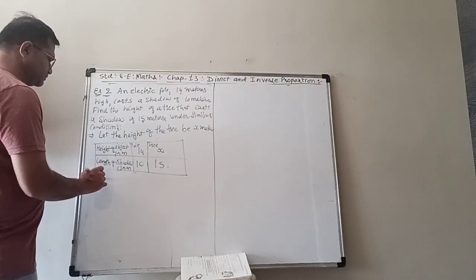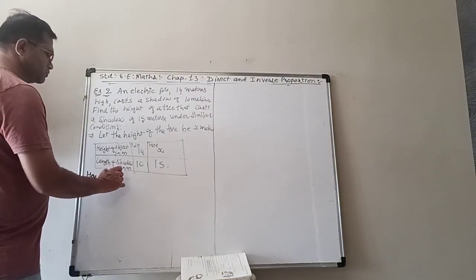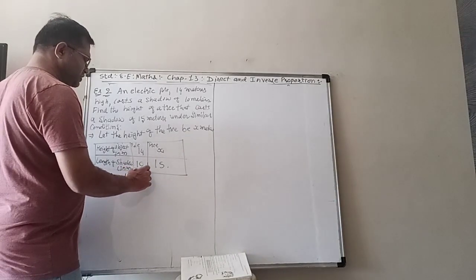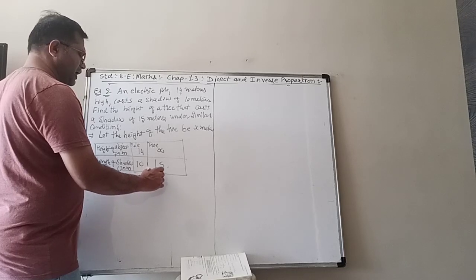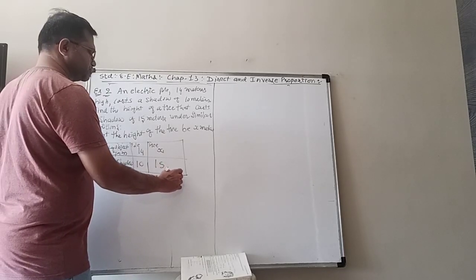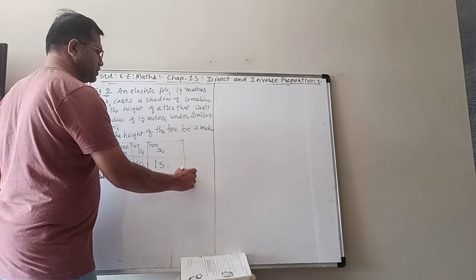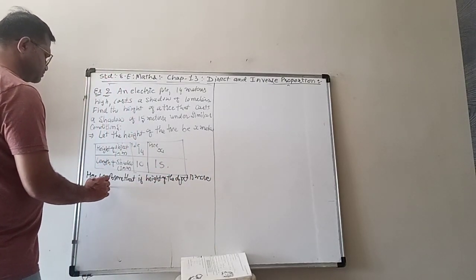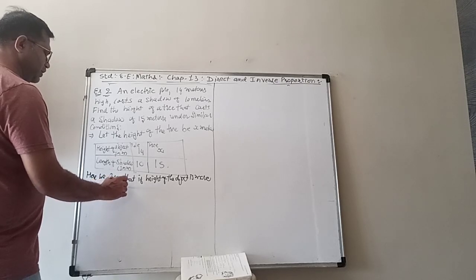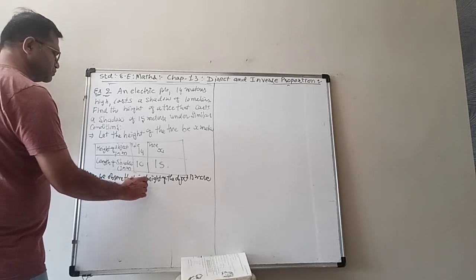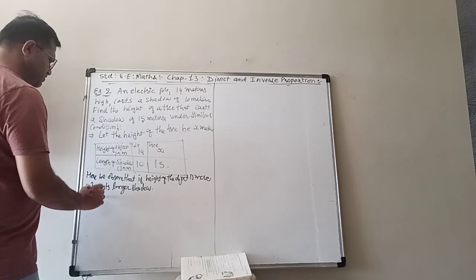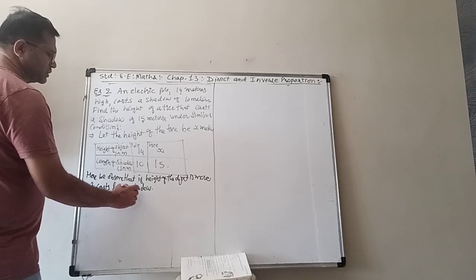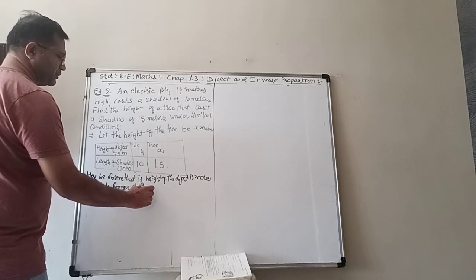Here we observe that if the height of the object is more, it casts a longer shadow. This is the direct proportion.